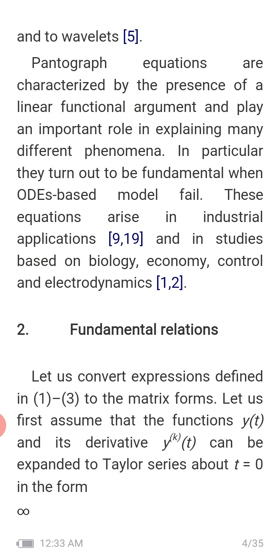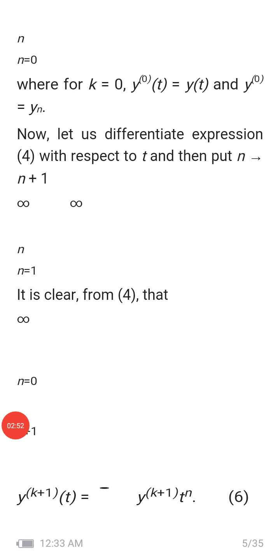Fundamental relations. Let us convert the expressions, the given equations 1 to 3, to matrix forms. Let us first assume that the function y of t and its derivative y^(k) of t can be expanded to a Taylor series about the time t equal to 0 in the form, sum over n equal to 0, where y^(0) of t equal to y of t and y^(n) of 0 equal to y_n.